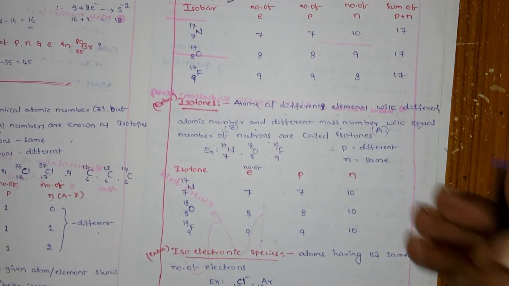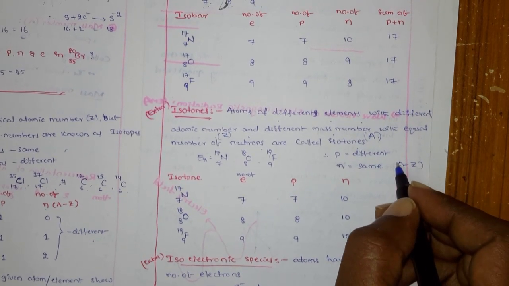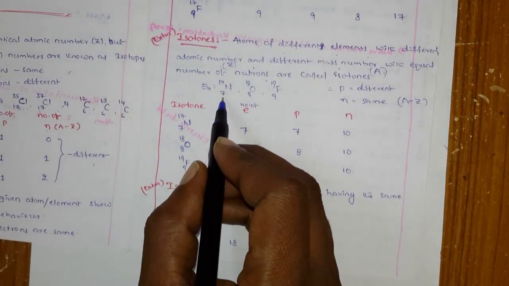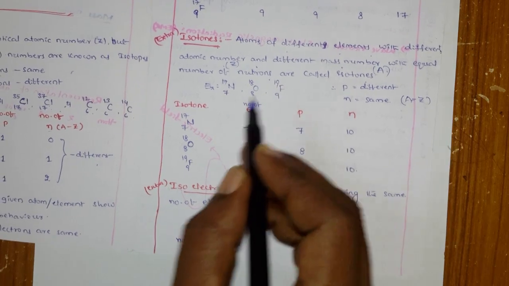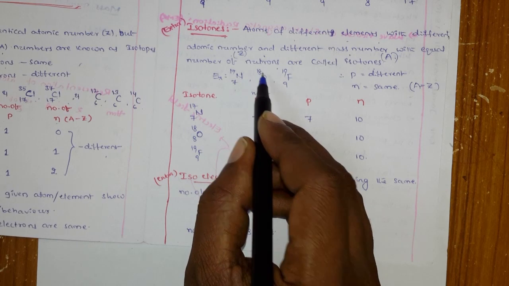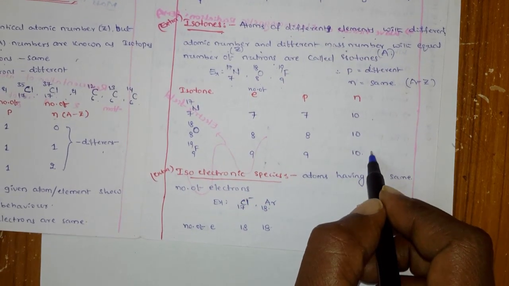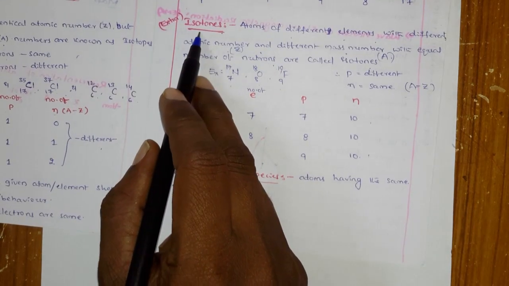The neutrons are A minus Z, and that is the same. Look at these examples: nitrogen 7-17, oxygen 8-18, fluorine 9-19. See the difference: 17 minus 7 is 10, 18 minus 8 is 10, 19 minus 9 is 10. So the neutrons are the same. These you call isotones.